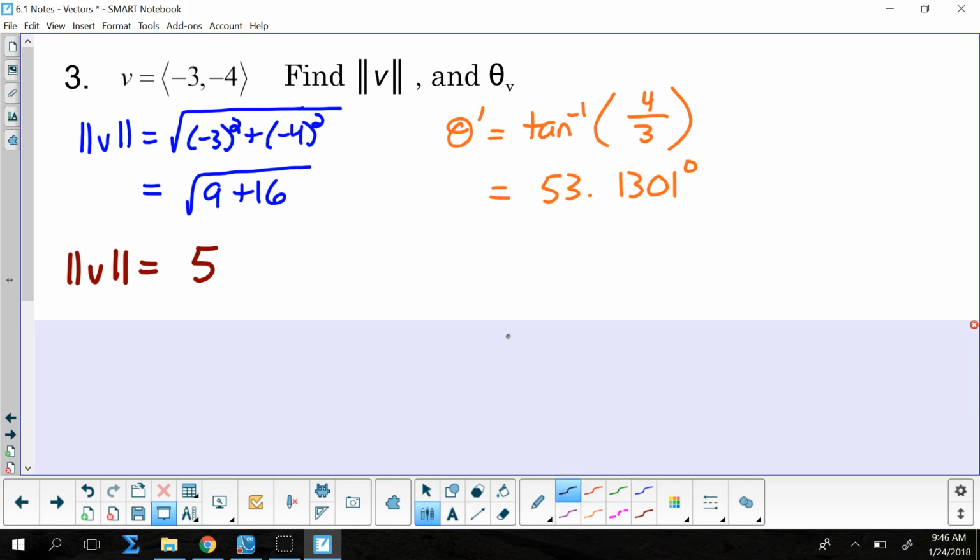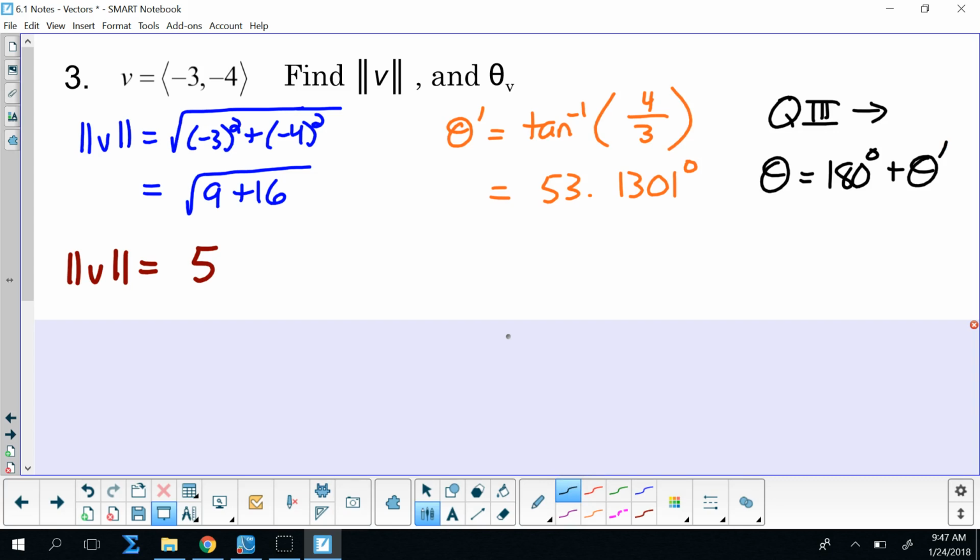But v is in quadrant 3, correct? So since v is in quadrant 3, to find theta, that's going to be 180 degrees plus my reference angle, because I'm in quadrant 3.